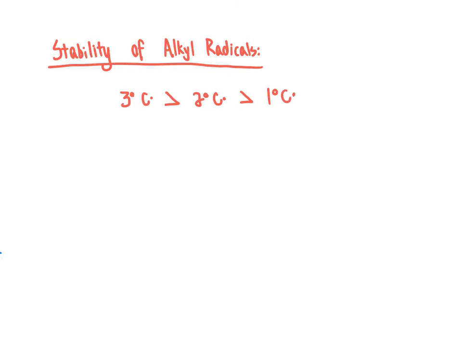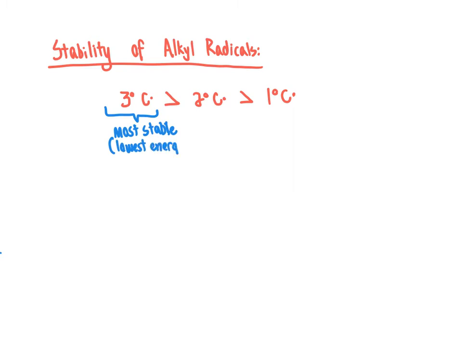So our tertiary carbon radicals in reactions are going to tend to be the most stable. They're going to tend to form the fastest in chemical reactions because of that stability. And when we say that something's really stable, by definition, what that implies, that by saying that it's the most stable, is that it is the lowest in energy.